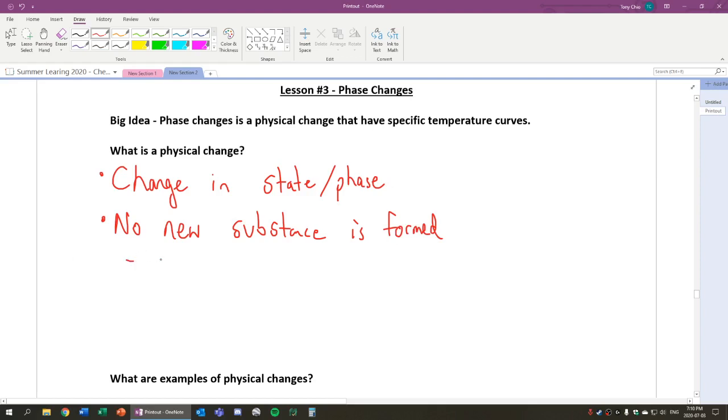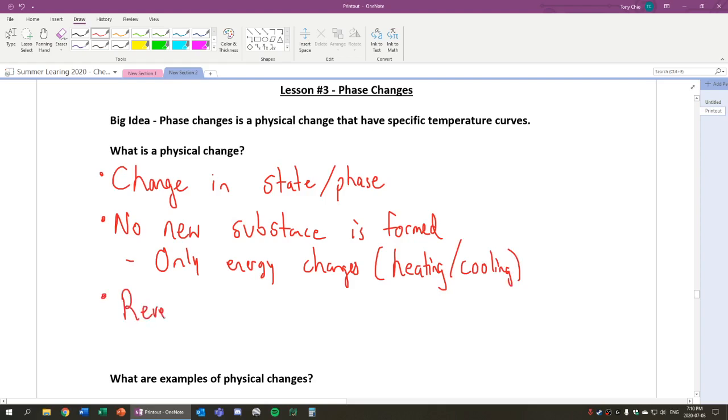What that means is instead what changes is only energy changes. So when you talk about energy change, you think about it as heating and cooling a lot of times. And what we also know about physical change is that they are reversible.